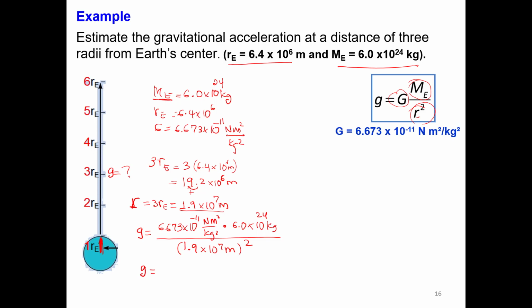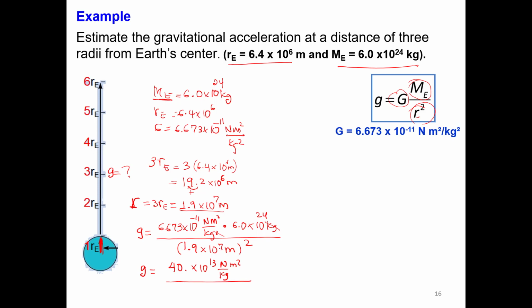And we can see these kilograms cancel out with one of these kilograms. Yes. And now if we multiply these numbers together, we will have, as we did before, 40, 24 minus 11, 10 to the power 13, and here Newton meter square over kilogram.